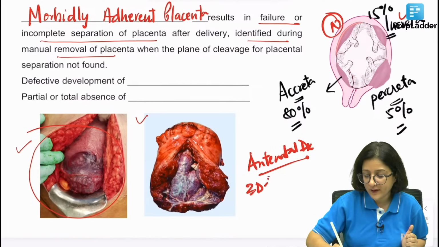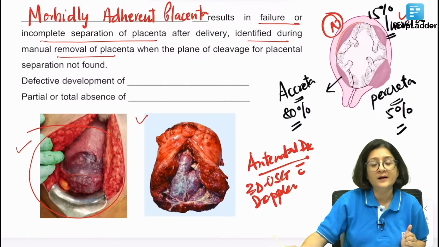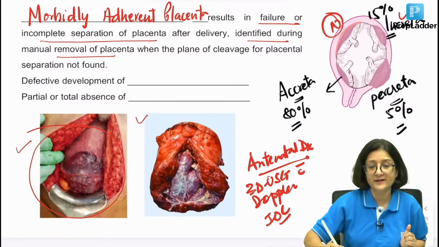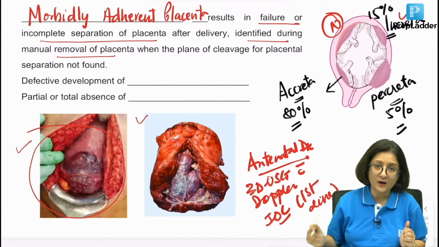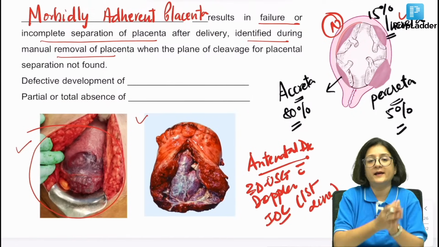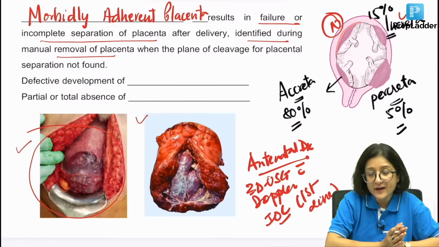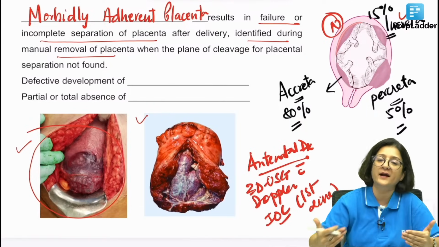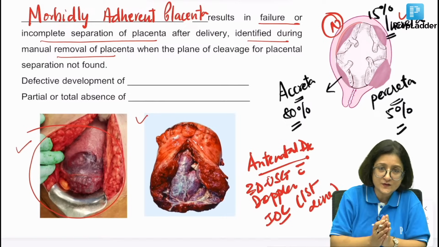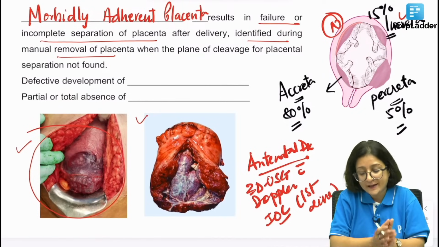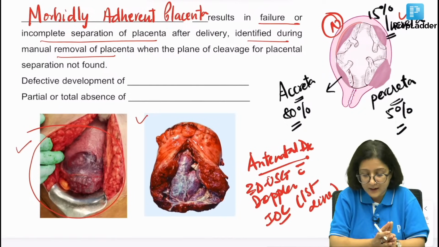And USG with Doppler is the investigation of choice, the first line investigation. If ultrasound Doppler is not giving us information, if we have doubt, we can do MRI also. MRI is very good, but because it is expensive, it's usually not the first line. Nowadays first line is Doppler ultrasound, right?